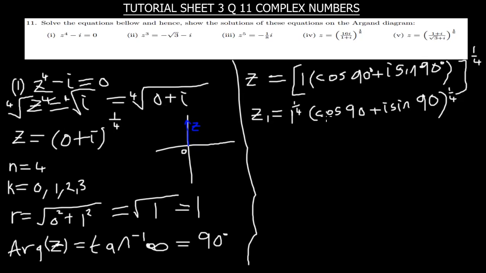But remember, when you do this, you have to add this angle plus 360k over n.